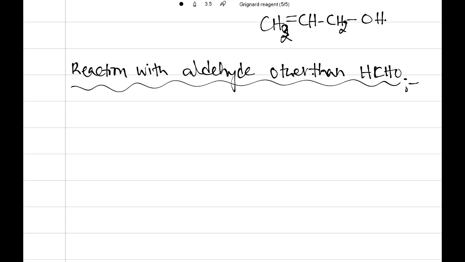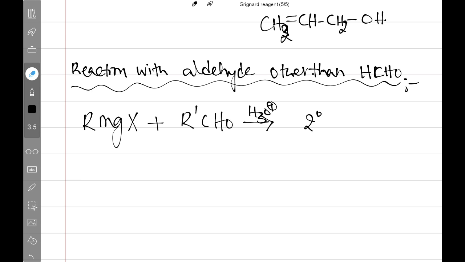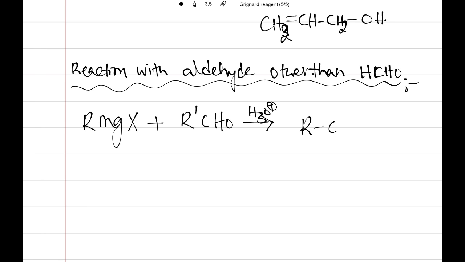Simply we can say, RMgX when reacting with R' CHO, taking an aldehyde other than formaldehyde, on hydrolysis we get a secondary alcohol. How does the secondary alcohol form? R, C, O H, hydrogen, R'. So this is the secondary alcohol.